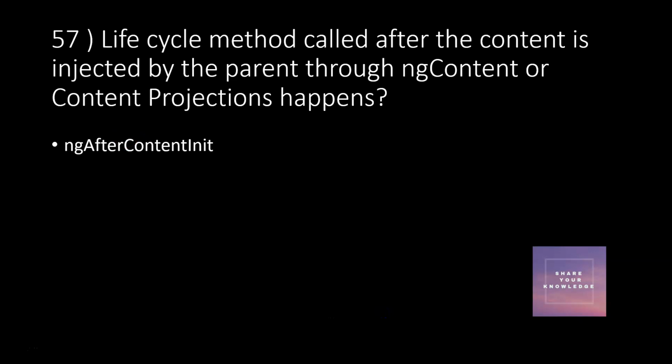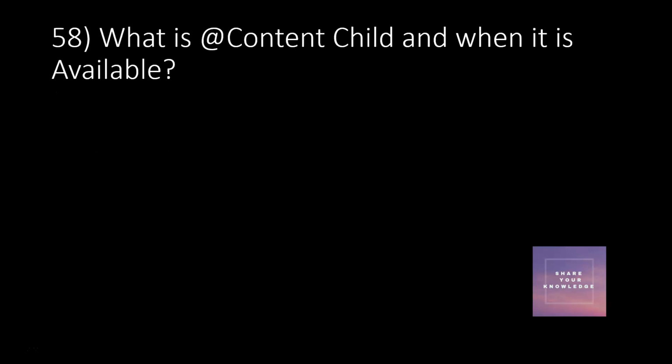Just understand that this will be called after the content got initialized from the parent to the child. Content gets projected. What is @ContentChild when it is available? As I told you, @ContentChild is a decorator, a property decorator which should be written above ngAfterContentInit.